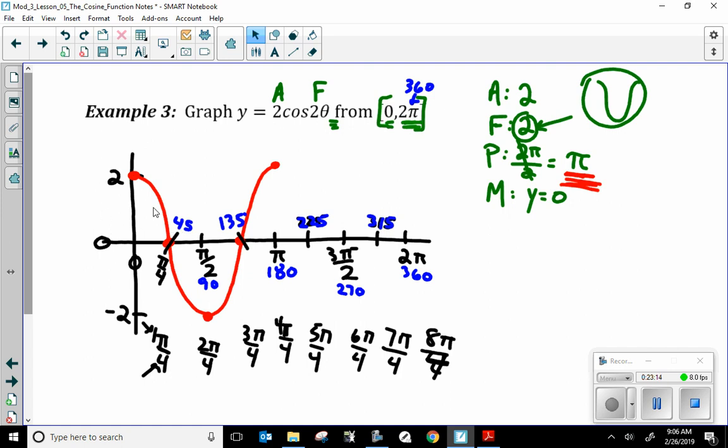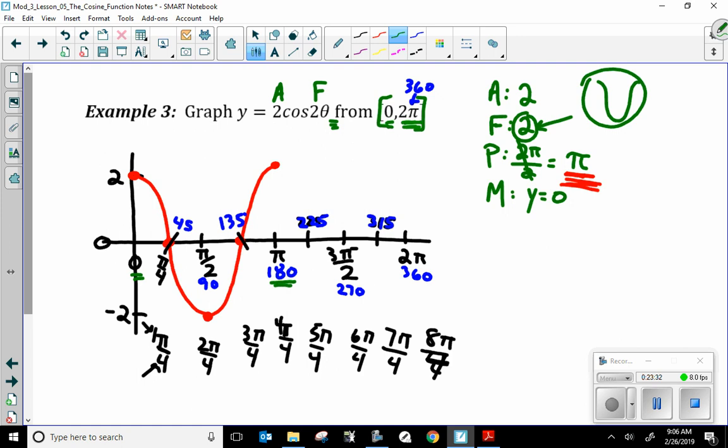Okay, so now we're technically only halfway done with our problem. We have graphed one cycle. Okay, you see this right here. They don't want one cycle. They want it graphed from 0 to 360. So if each curve is 180 degrees in length, my first one went from 0 to 180.